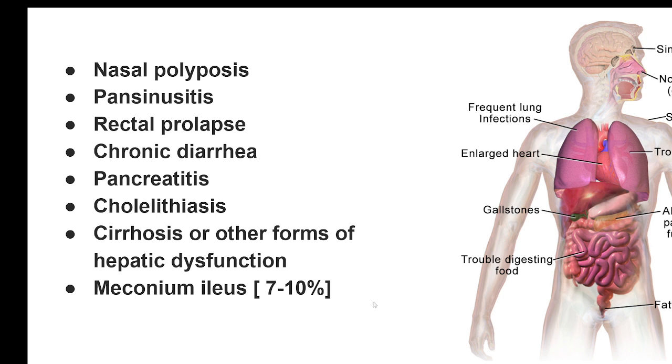Other symptoms that can occur are nasal polyposis or sinusitis-like conditions, rectal prolapse, chronic diarrhea, chronic pancreatitis, cirrhosis, and other forms of hepatic dysfunction. The most common clinical symptom would be respiratory complaints, because the patient would have reduced exchange of air as the lungs become fibrosed and their expansion capacity would be lesser.